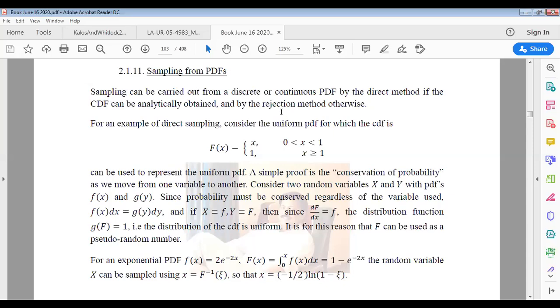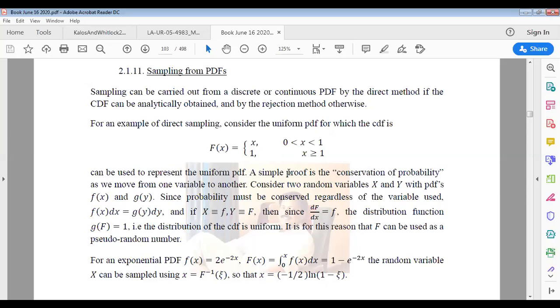If you cannot do that, then there's a rejection method which can be used. Again, start with a simple thing: the uniform random number, where small f of x is 1, then big F of x is x in this range and 1 beyond this range, as I said in the last lecture.